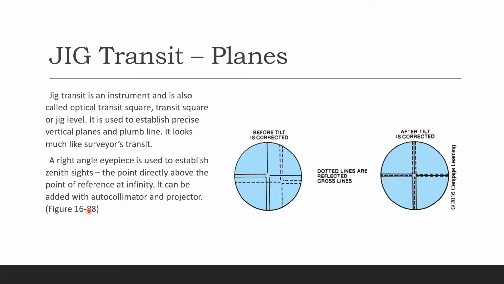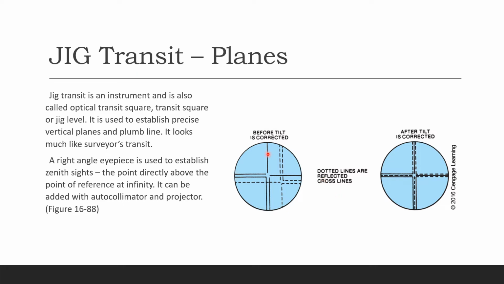It can be added without autocollimator and projectors. Every time you're dealing with optics, you have to understand infinity. You really have to understand how the light is going, how it is reflecting, how it is moving, and what we can do about it by using mirrors and prisms.